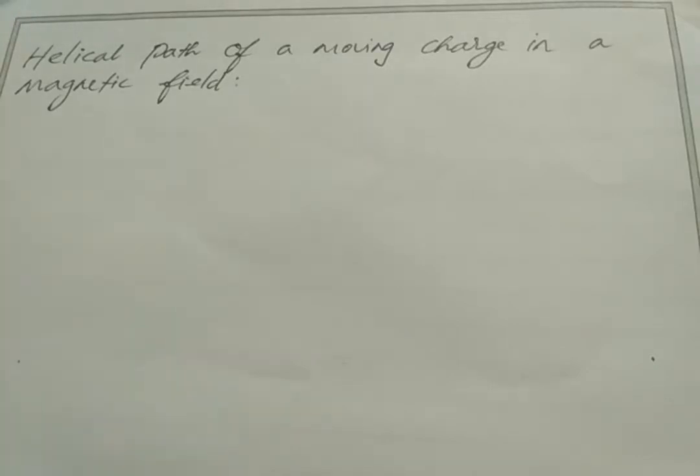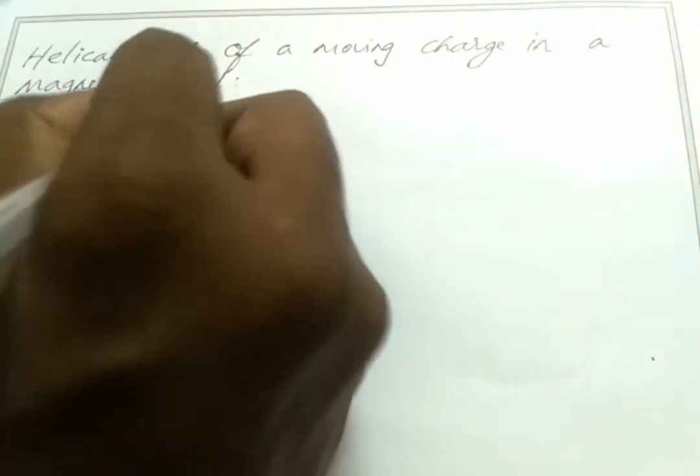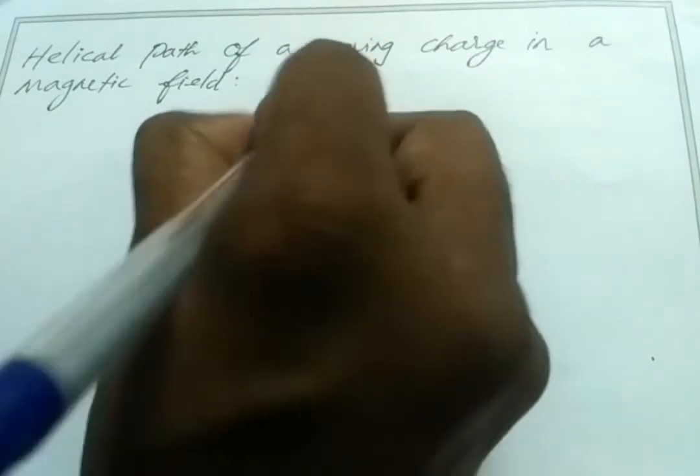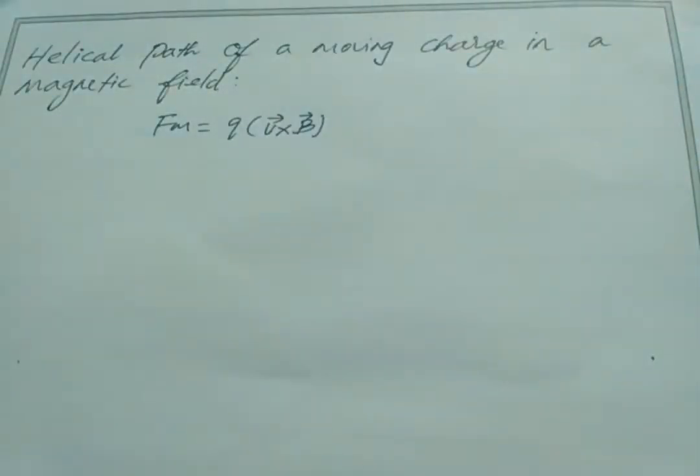In the first case we studied that if a moving charge moves parallelly or anti-parallelly, then the path will be a straight line, right? So that is the first case which we studied. By using the magnetic force formula, we have Fm equal to q v cross b, right?